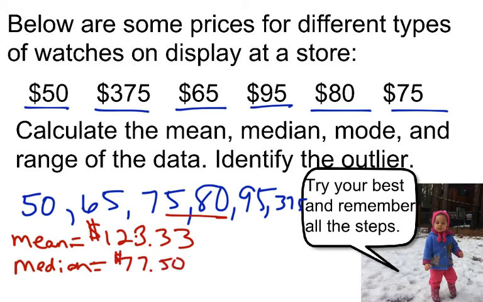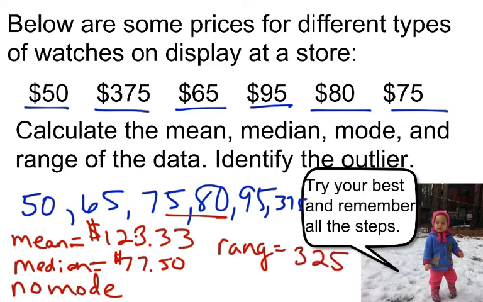And then my mode, or most often, I have no mode because I have no one number that occurs more than any of the others. And finally, my range is going to be 375 minus 50, which is $325.